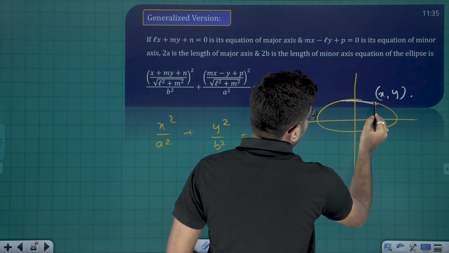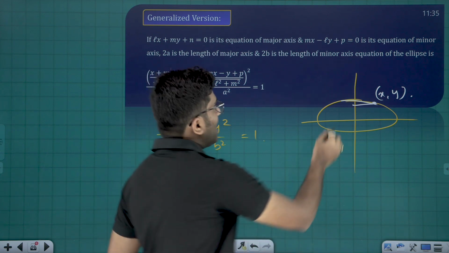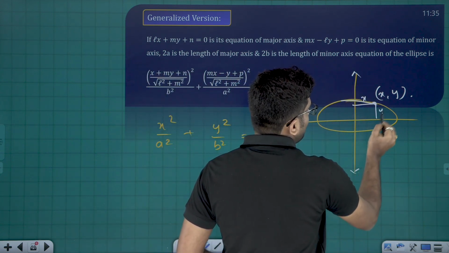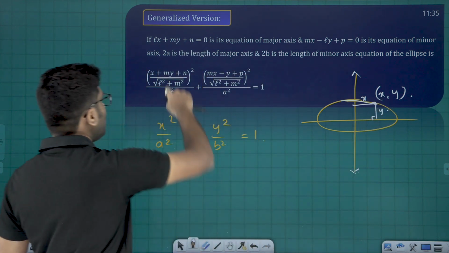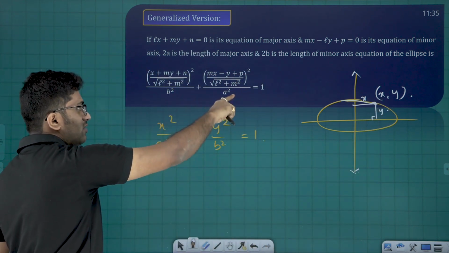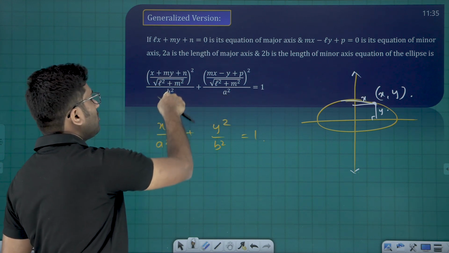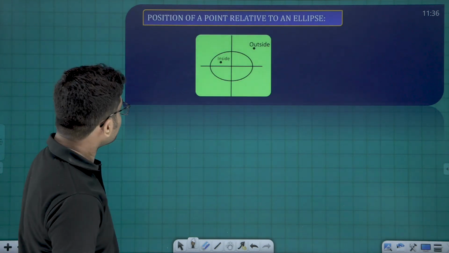X denotes the perpendicular distance from the y-axis. But here, what is this axis? This is the minor axis. This is x and this is y. So y denotes the perpendicular distance from the major axis. So the perpendicular distance from the major axis divided by a square plus the perpendicular distance from the minor axis divided by b square equals 1. That is the generalized version of the ellipse.